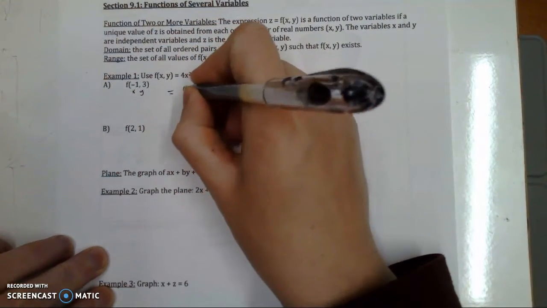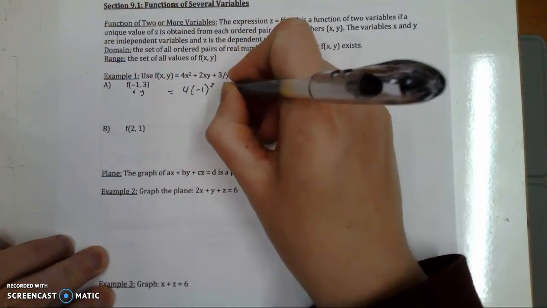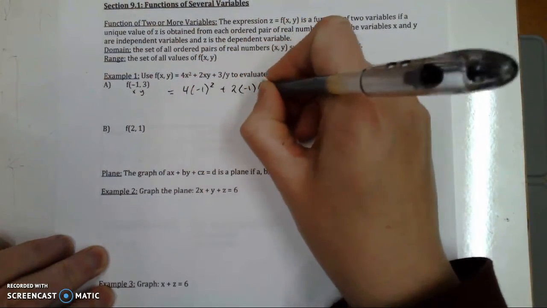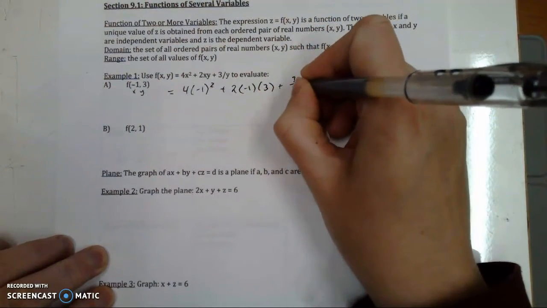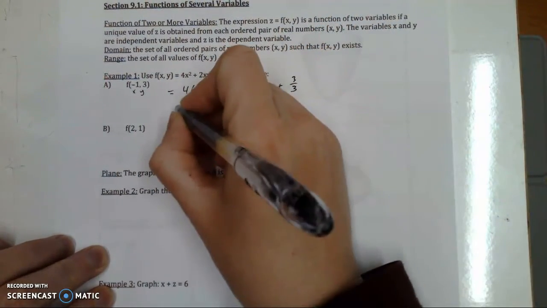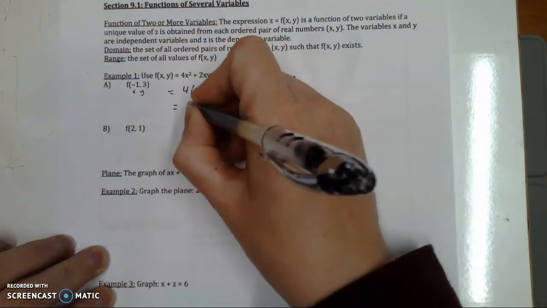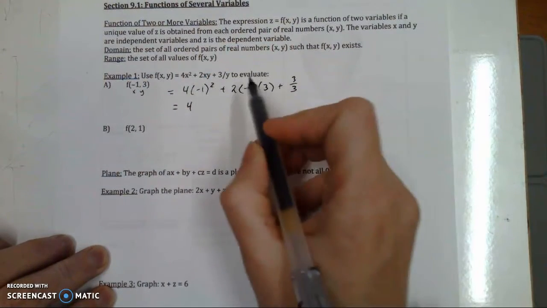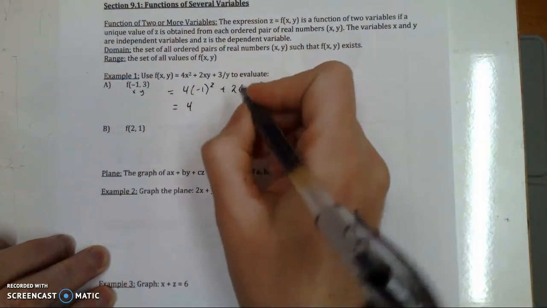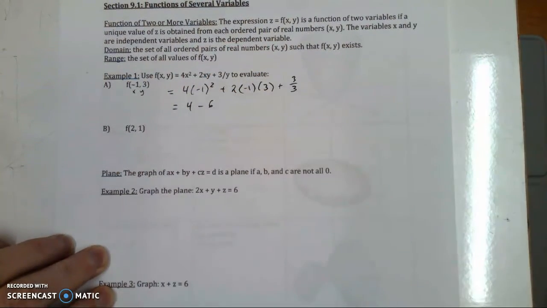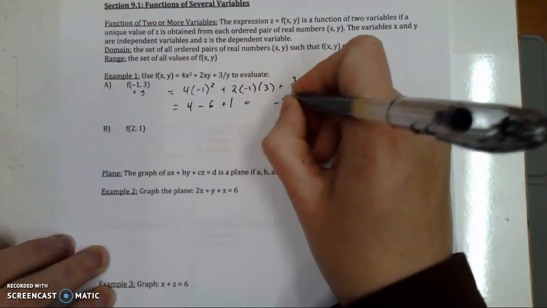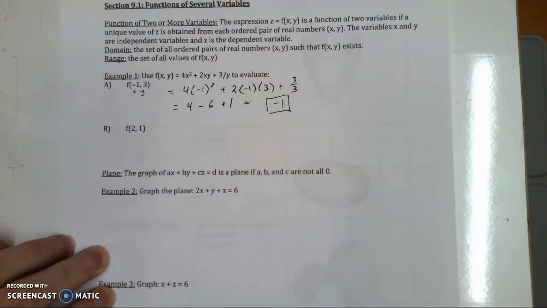So let's plug in accordingly. X is -1, and y is 3. And then evaluating from there, -1 quantity squared is 1, so that's a 4. I've got 2 times -1 times 3 is going to be -6, and 3 over 3 is 1. So as my final answer here, I get -1.